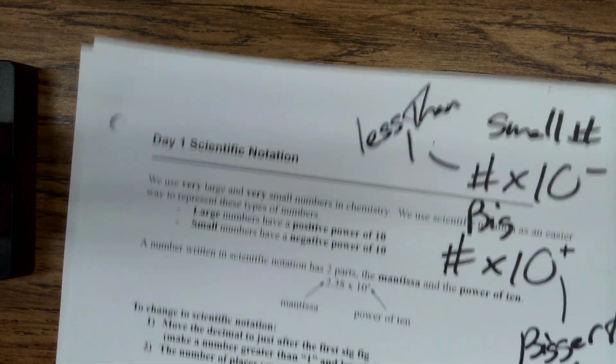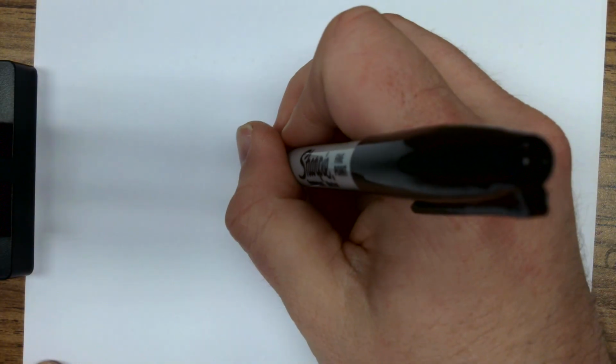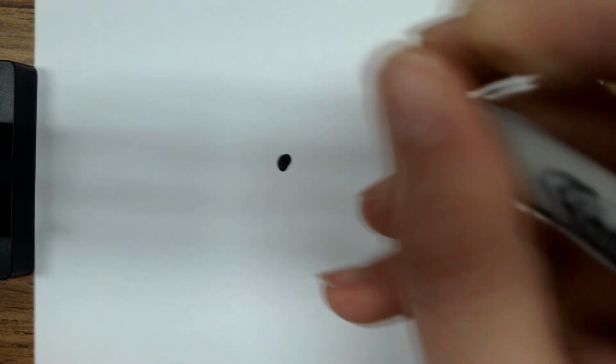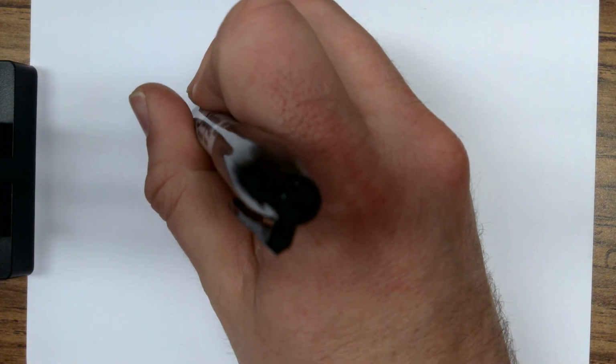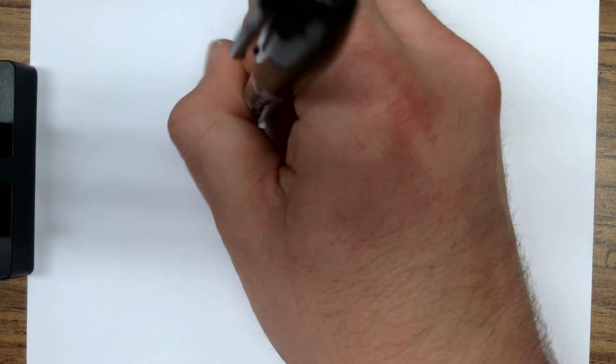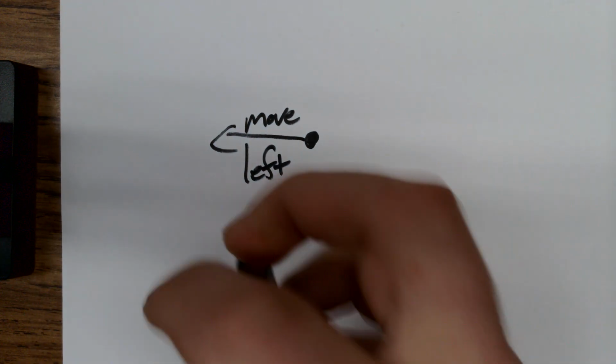So, if we're looking at a way to visualize where things are going, if I have my decimal here, and if I'm moving my decimal to the left of my number, I'm saying I have a large number.